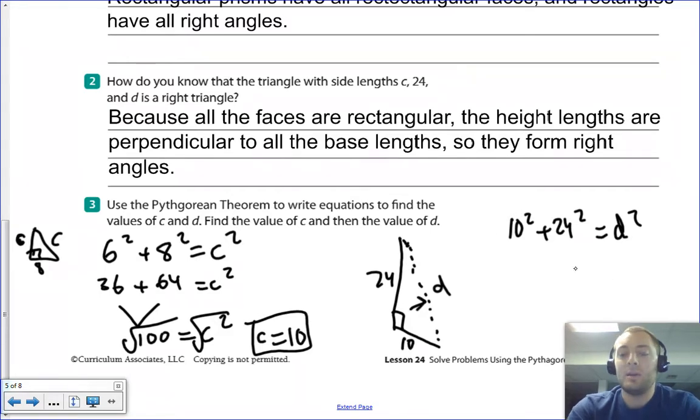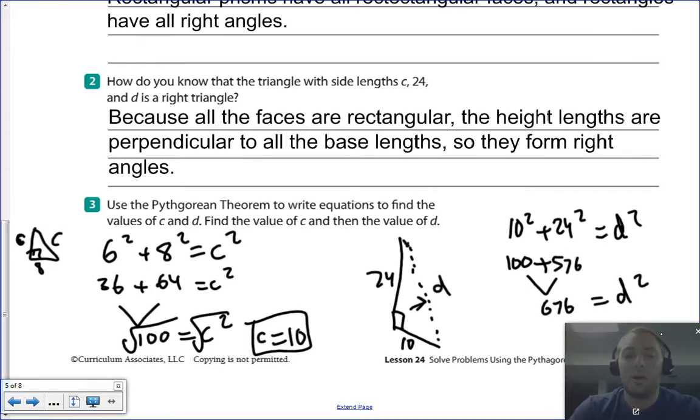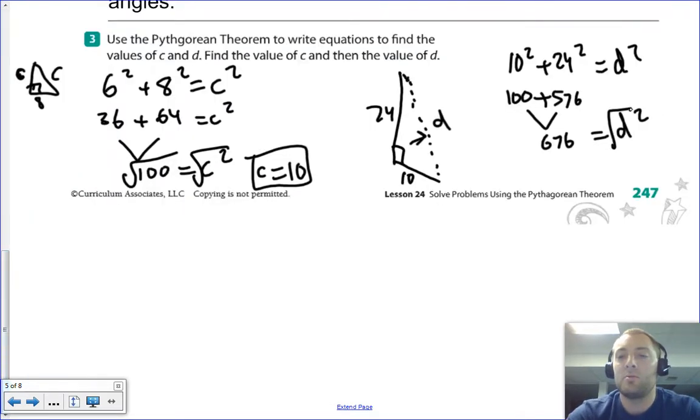It's the biggest side. So 100 plus 24 squared. Check it on a calculator if you don't know. 24 times 24 is 576. So if you add those together, it should be 676, and that should be equal to D squared. All right, let's finish it off. Take the square root to get D by itself.